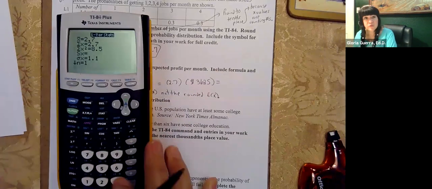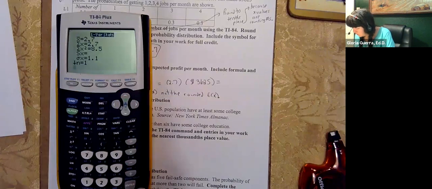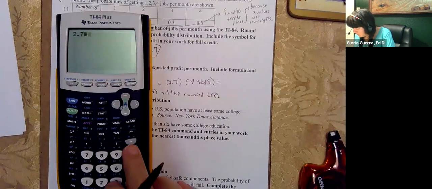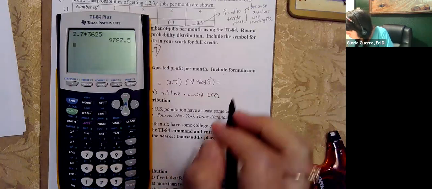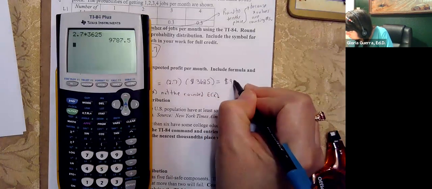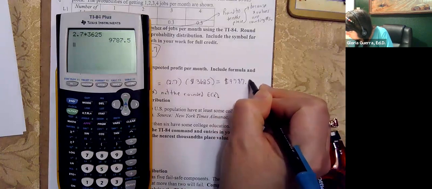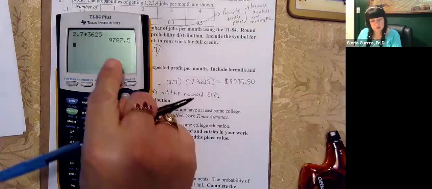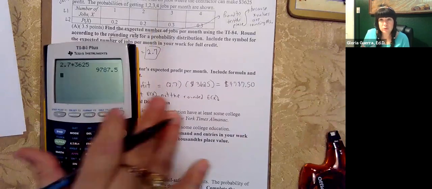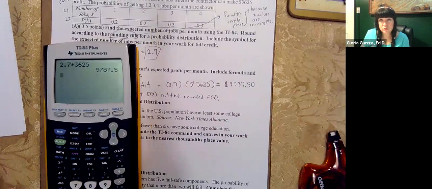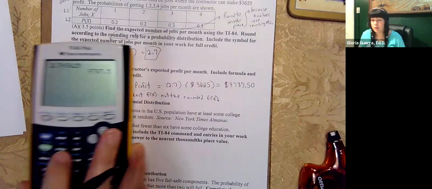If I type this in, that's fine here: 2.7 times 3625. And this is money, so even though it says 0.5, it's like 50 cents. If it were longer, then I would round off to the nearest cent, like 52 cents, 53 cents, which is the hundredths place.